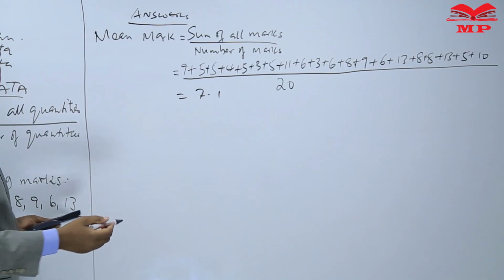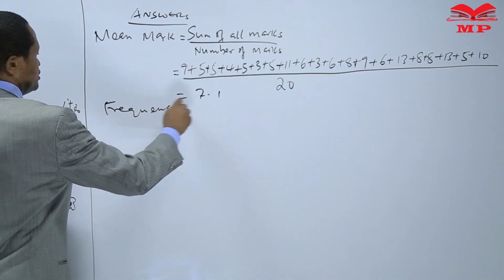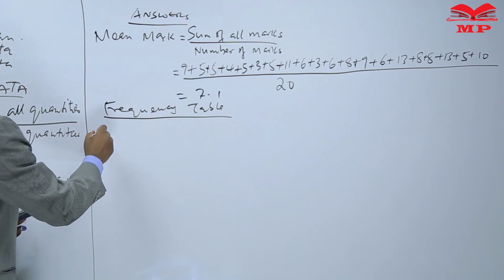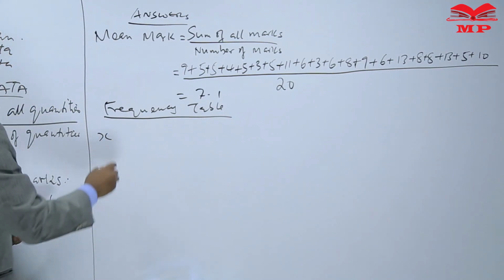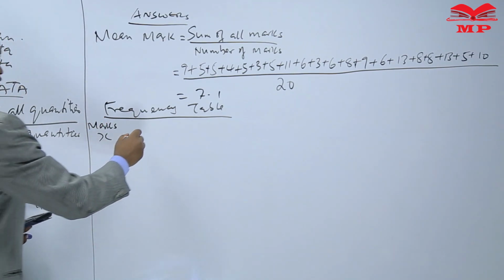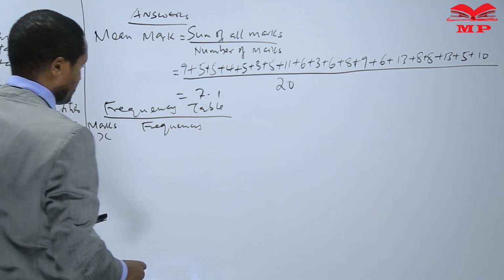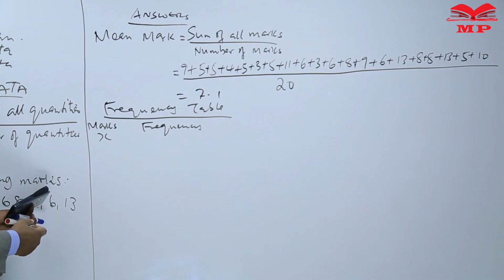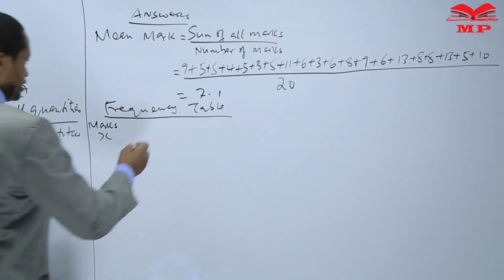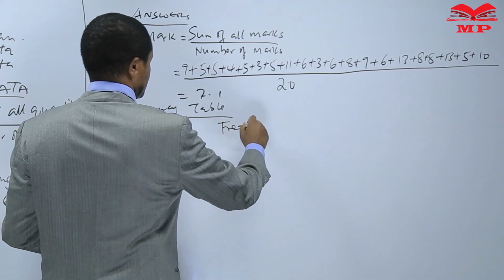So we'll have the items here, x, which are the marks, then we'll have a tally, and then we have the frequency.